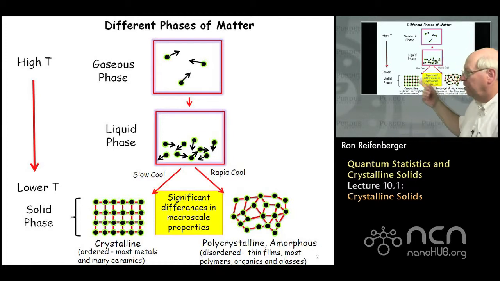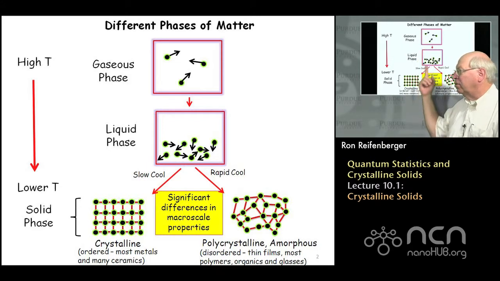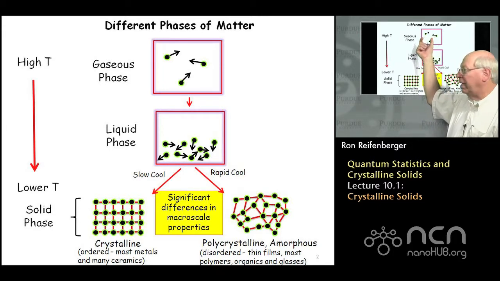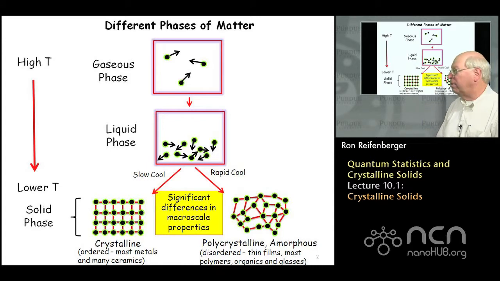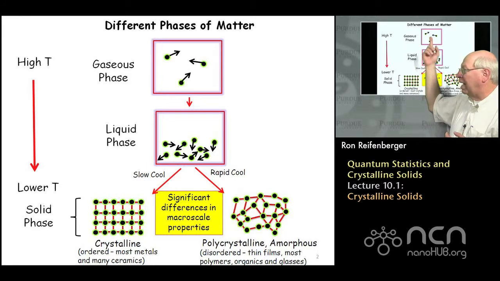The atoms in the liquid phase are much more confined than they were in the gas phase. There's an interaction between the individual atoms. That's the only reason that they condense, right? If there were no interaction between the gas atoms, they would not condense into the liquid phase. So the fact that there's a liquid means that there's got to be some interaction between these atoms.